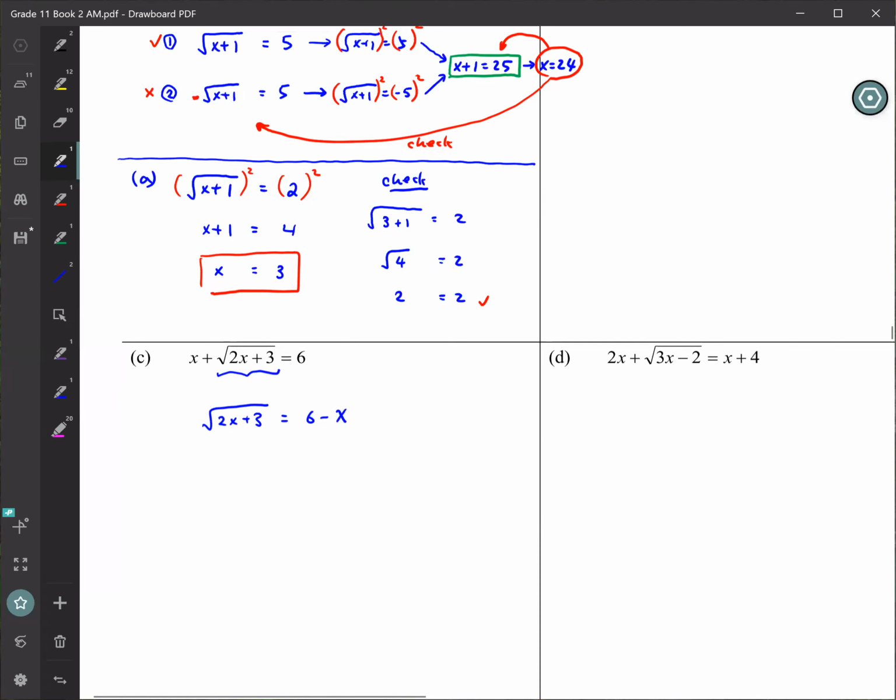Second step. What is second step, Aaron? Square both sides. Yeah, okay. Second step, we square both sides.